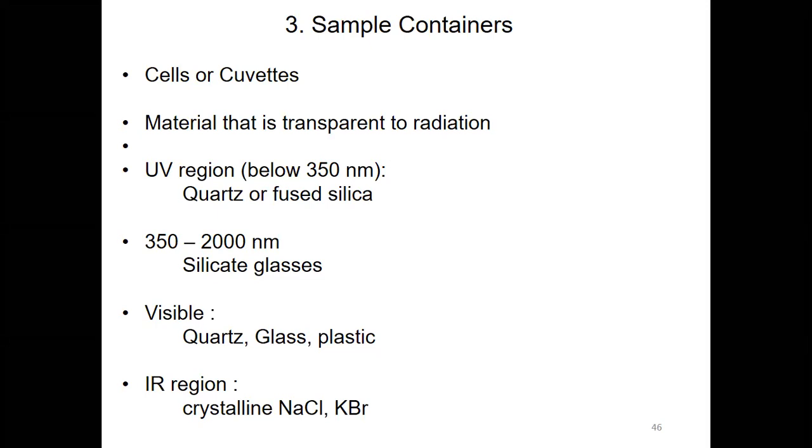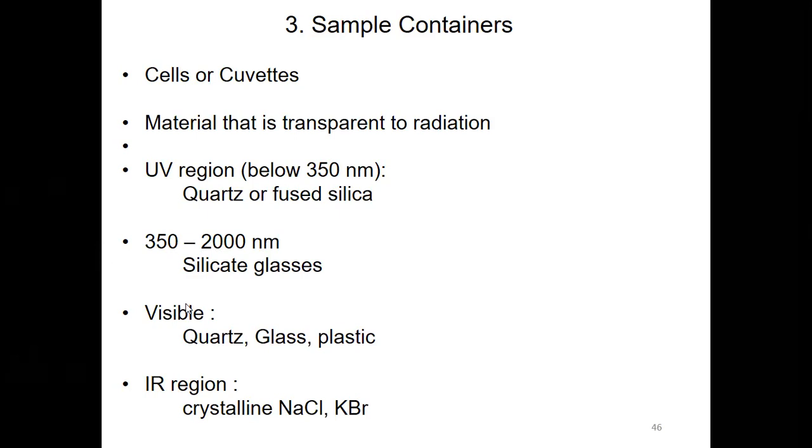Therefore, for UV radiation, if the wavelength is below 350 nanometer, we should use quartz or fused silica cells. And for the wavelength range in between 350 to 2000 nanometers, we can use silicate glasses.